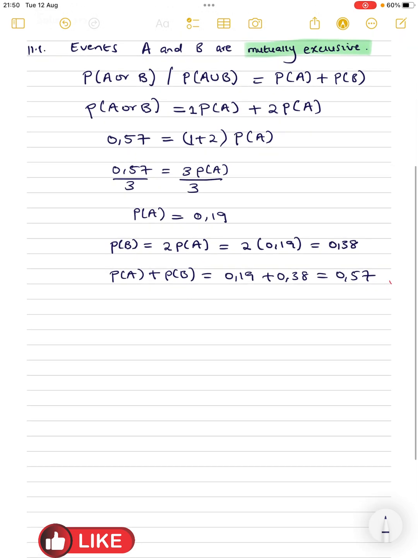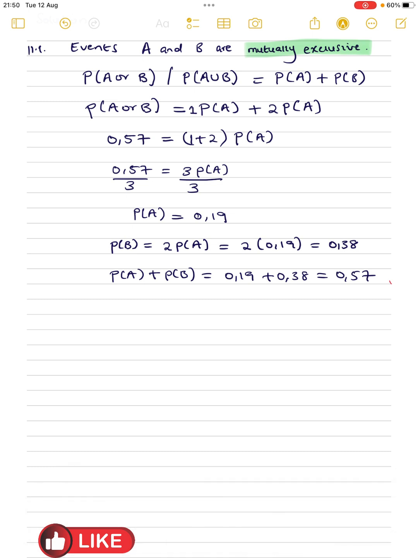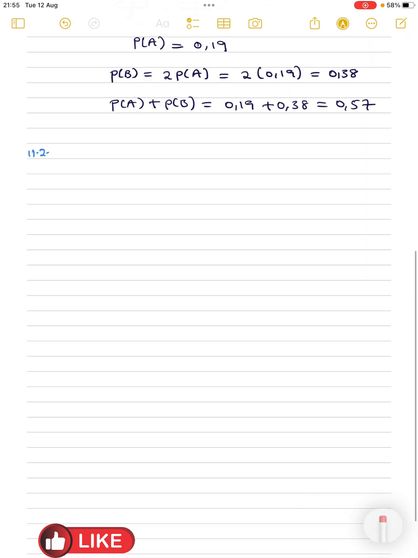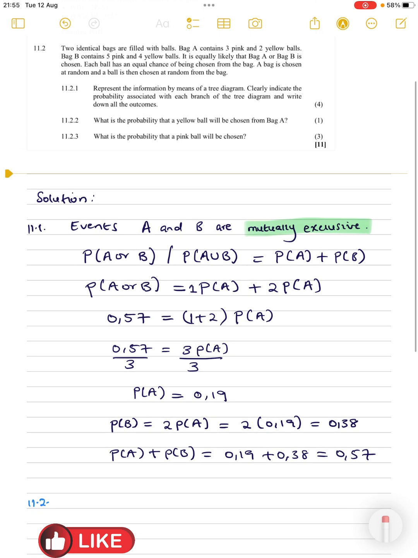But it's not something that will trouble us. Let us look at this 11.2. I'm told that I have to represent the information by means of a tree diagram, clearly indicating the probabilities associated with each branch of the tree diagram and write down all the outcomes.